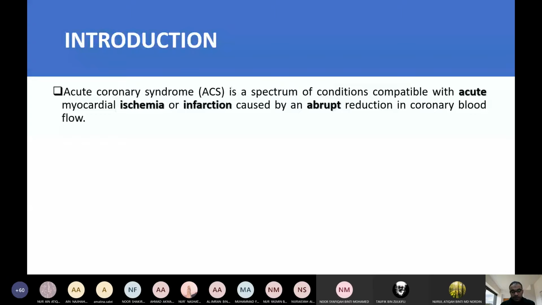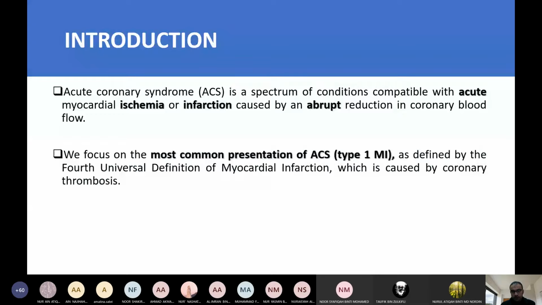And this ischemia will lead in most cases, not all cases, to infarction, and this infarction will affect the coronary blood flow. That's how we have the cardiac attack: there's not enough blood, or no blood even, in the coronary circulation.